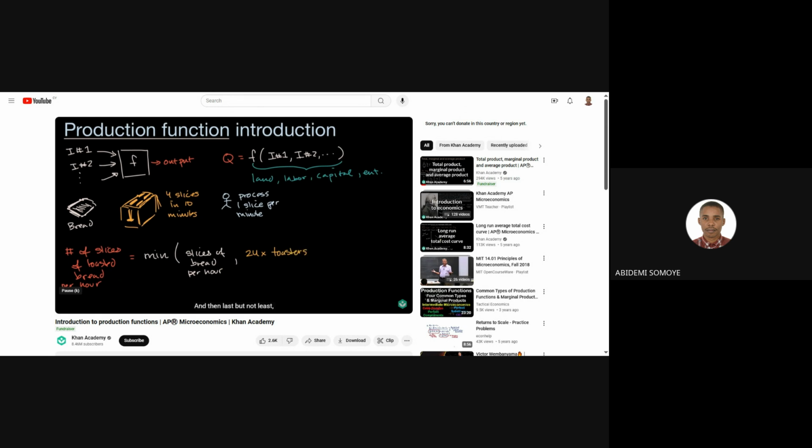And then last but not least, how many slices can one person process per hour? Well, it's going to be 60 slices per hour. So we'll do 60 times, let's call them workers. I was going to call them toasters, but we are already using that for the equipment, times the number of workers.